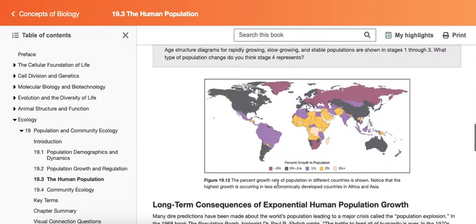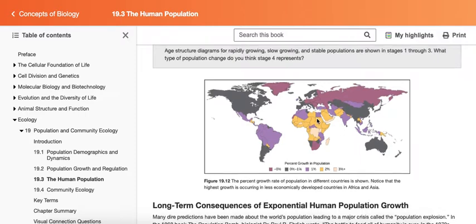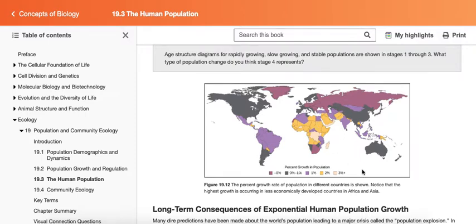Okay, so when you look at this map, this map shows the percent growth rate of a population in different countries. So you see here in a lot of North America, and that's not including Mexico, Guatemala, Honduras, those types of countries, but above Mexico here, we actually are seeing about a 0 to 1% growth rate, and just below us, with countries like Guatemala, Mexico, we're seeing about a 1% growth rate.